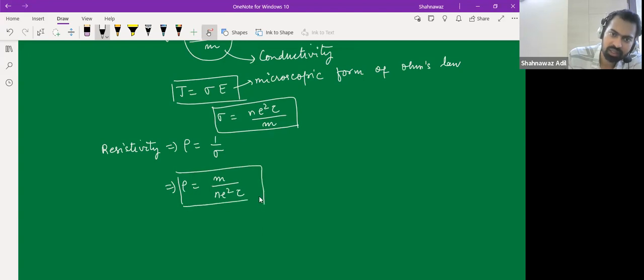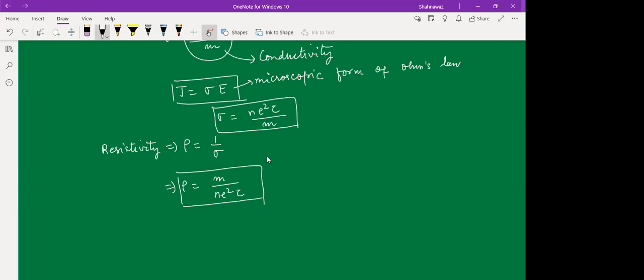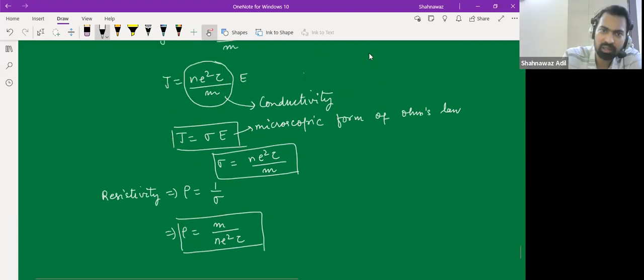Is this clear, guys? This is the resistivity of the material. Understood, guys? Yes, sir.